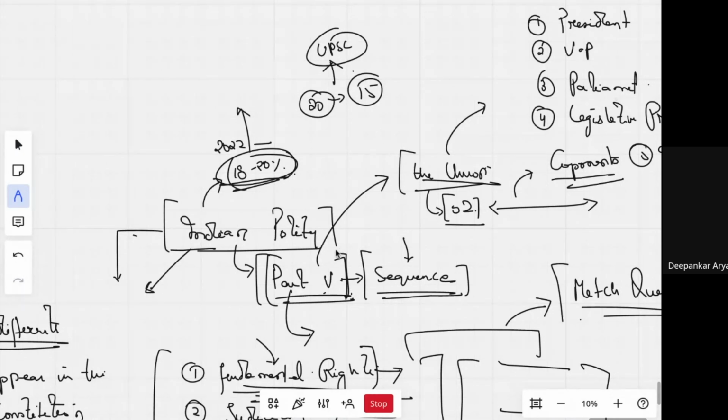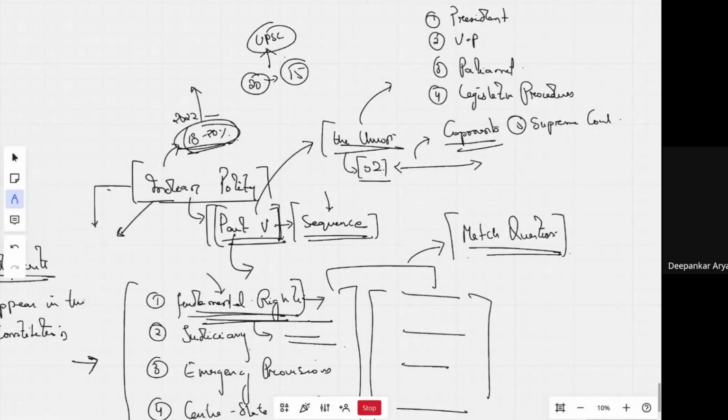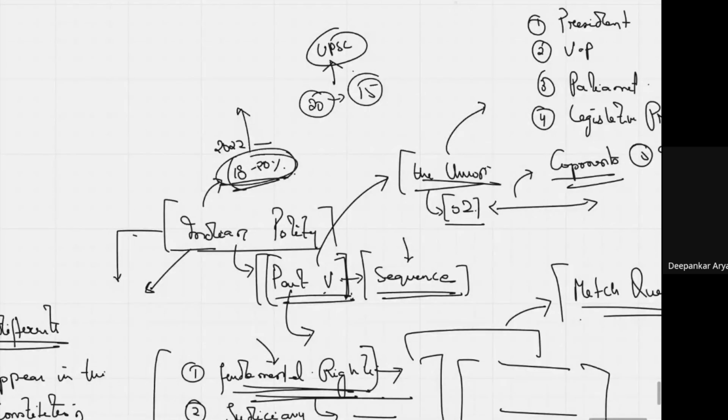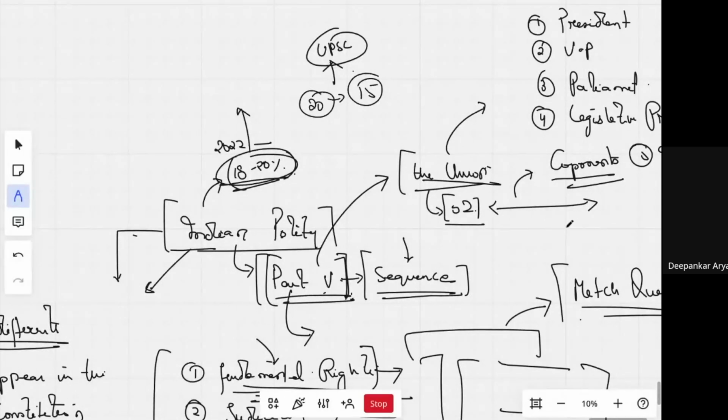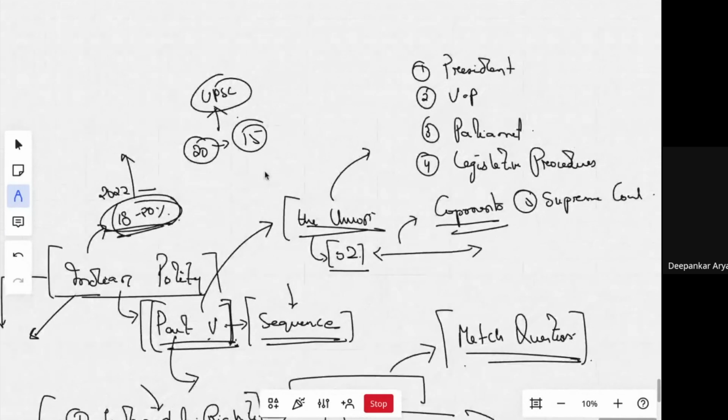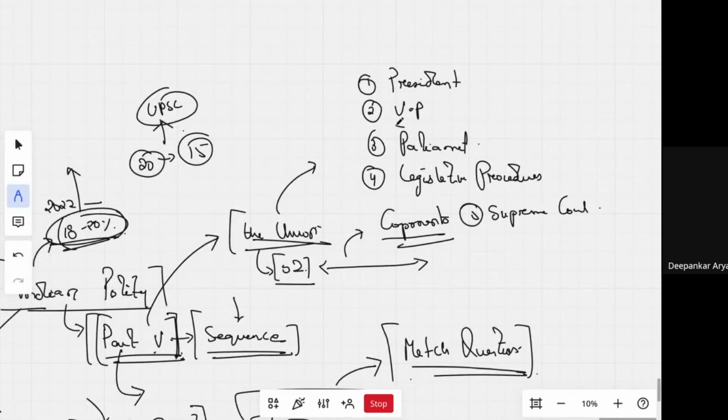And there are varying difficulty levels. The questions asked from Indian polity are mostly easy, but if they ask, for example, that the Parliament of India contains which of the following articles, this becomes very difficult. Why? Because we as students seldom pay attention to the details of the constitution.